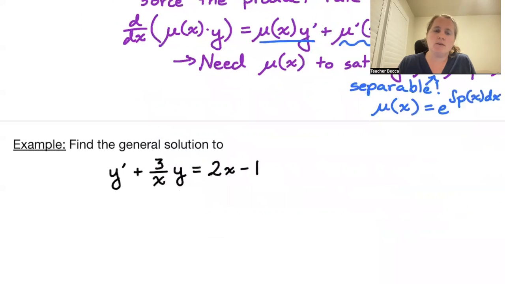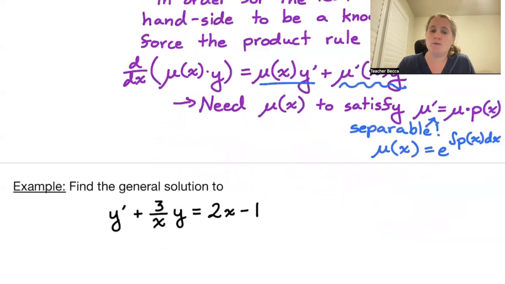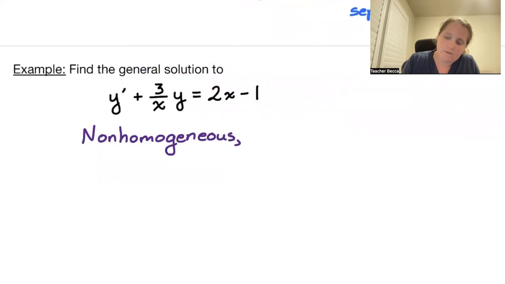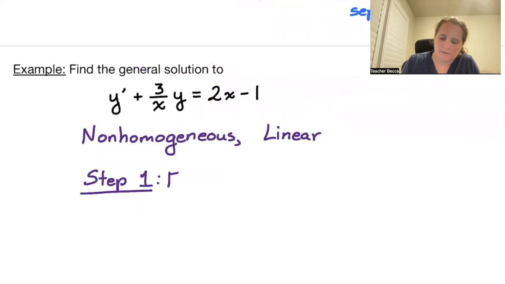So from here, let's go ahead and just do an example. So let's find the general solution to y prime plus 3 over x y equals 2x minus 1. So this is non-homogeneous and linear. So what we will do, step 1, is to find the integrating factor.